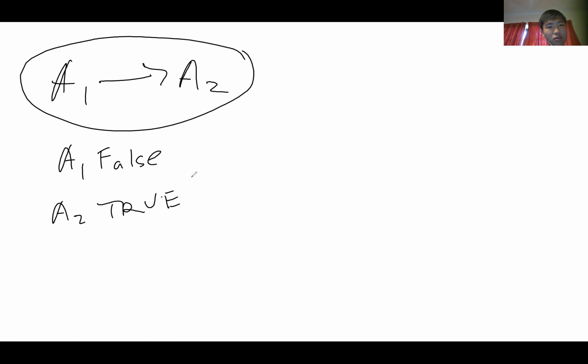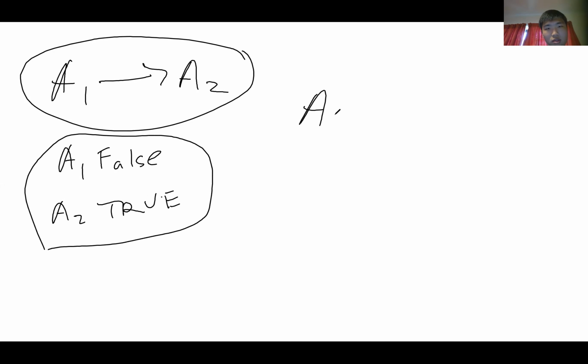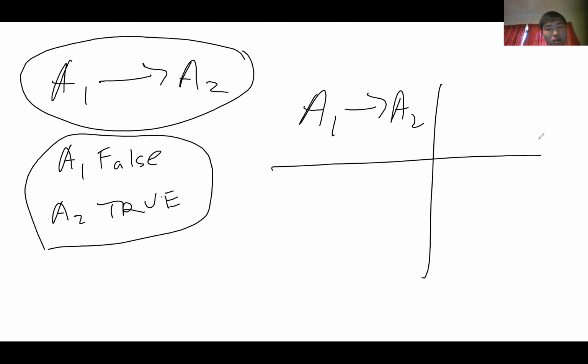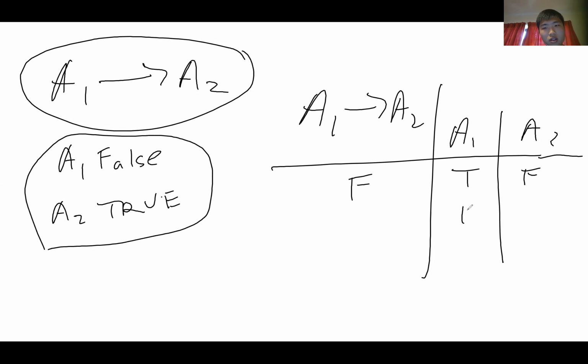So it's only true in these cases. I guess it's better to draw a truth table. The only case where it's false is actually if A1 is true and A2 is false, right? So let's go true, false, we get false, and then anything else gives true.